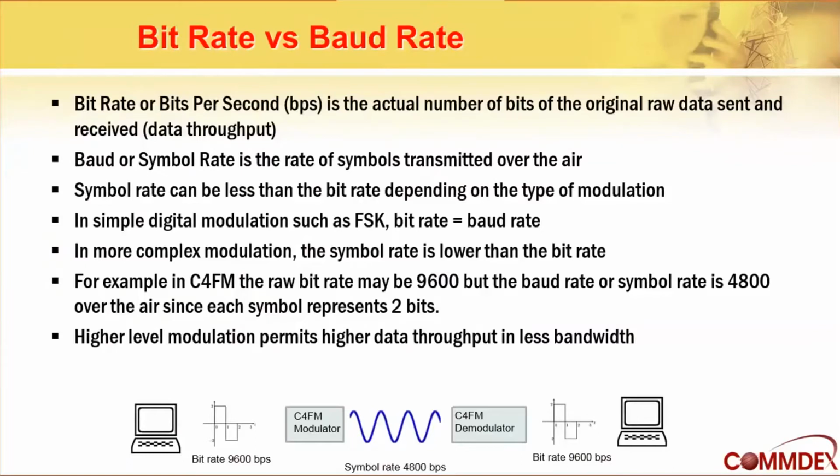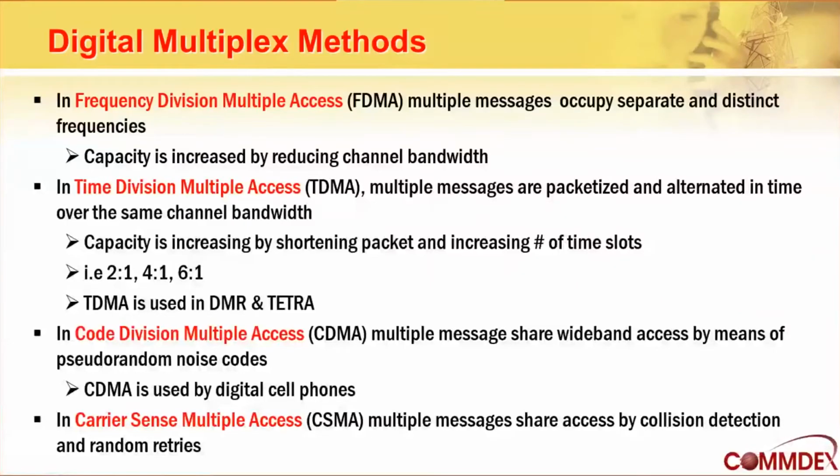And as we said earlier, in C4FM, we might have a raw bit rate of 9600, but the symbol rate or the baud rate is actually 4800 since each symbol represents 2 bits. So the more sophisticated the modulation, the lower the symbol rate relative to the bit rate. And this animation was showing in the drawing how it goes through.